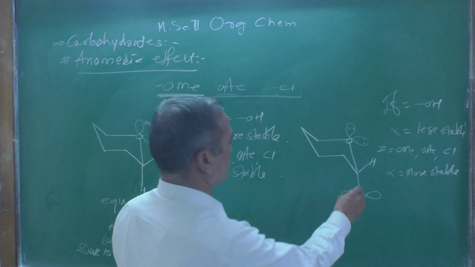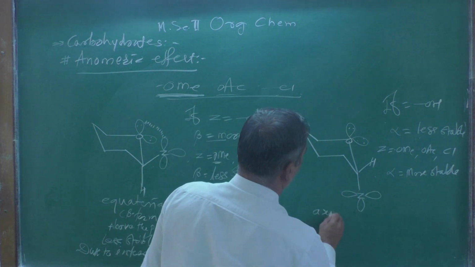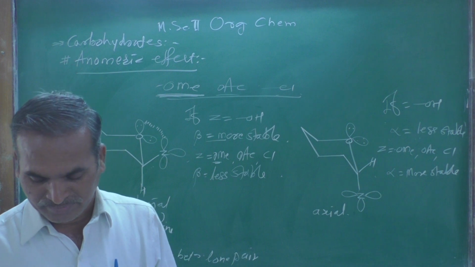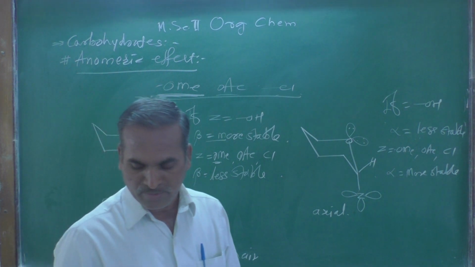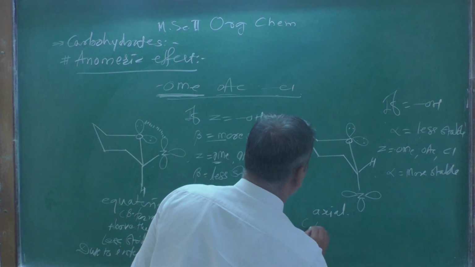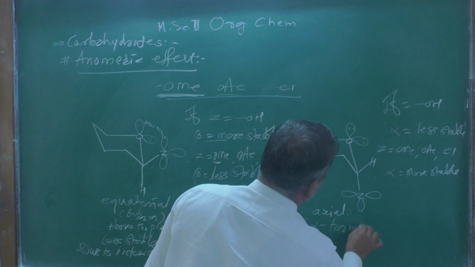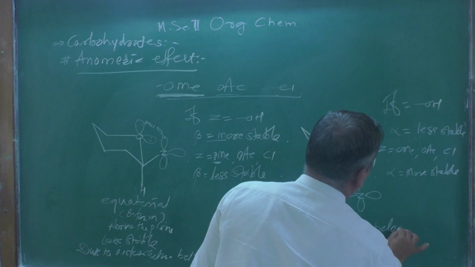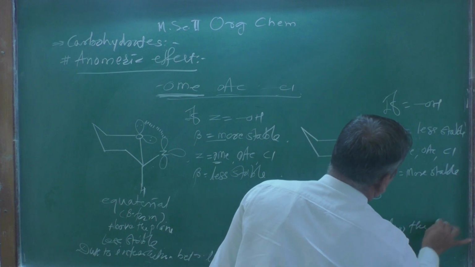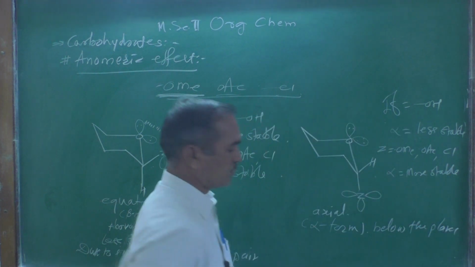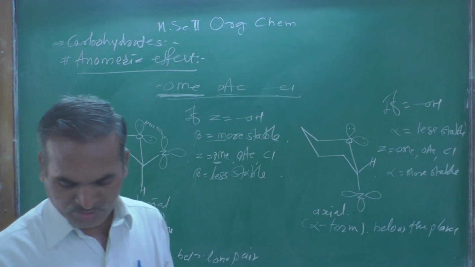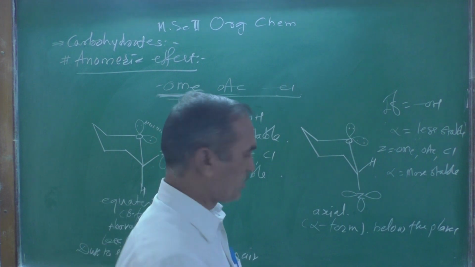This group is present at the axial position. When it is at the axial position, the alpha form is below the plane. This is the alpha form, which is below the plane according to the Fischer projection.